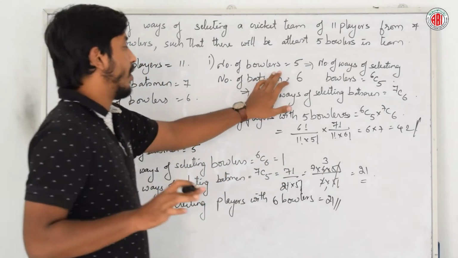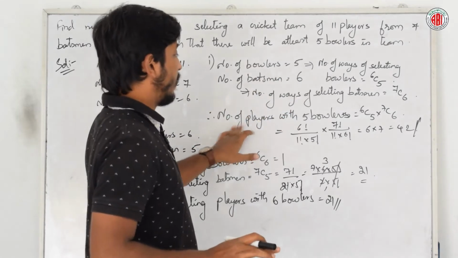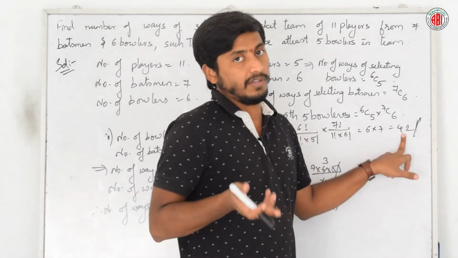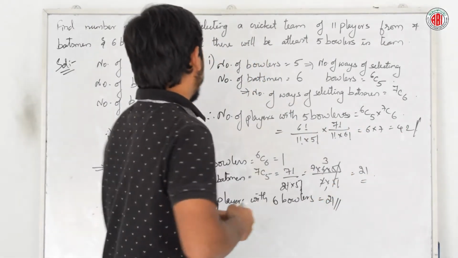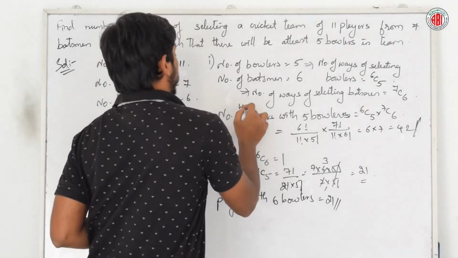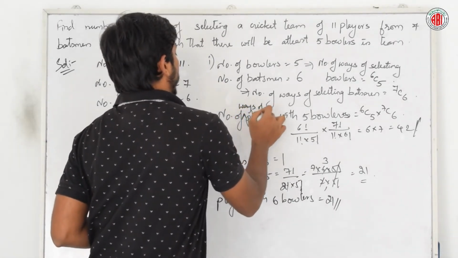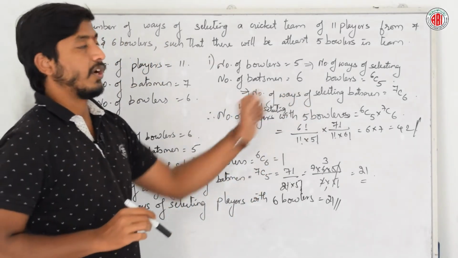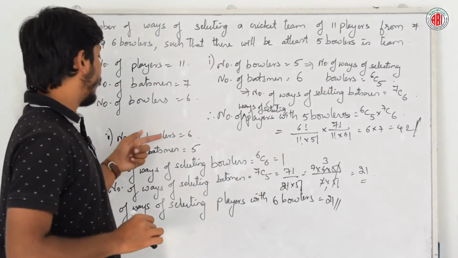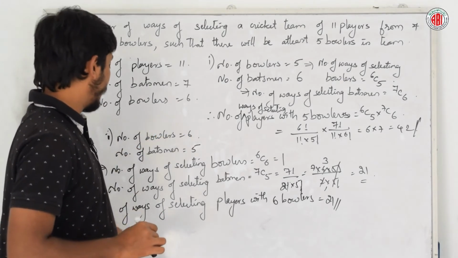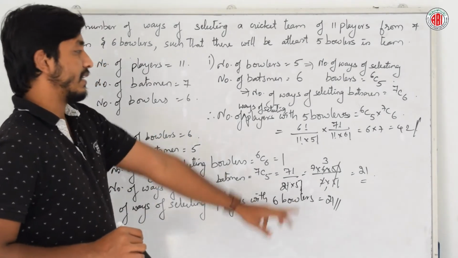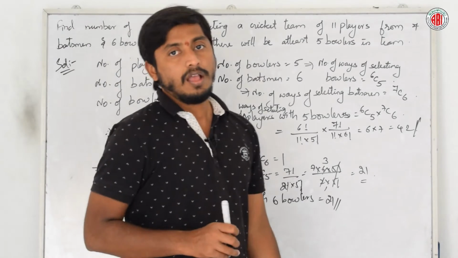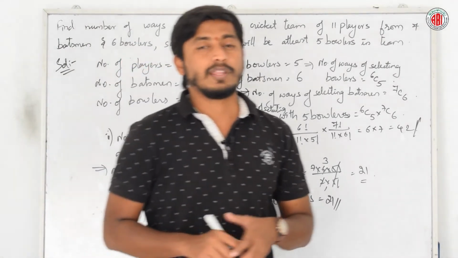With only 5 bowlers, the number of ways of selecting players will be 42. This is number of ways of selecting players with the 5 bowlers is 42. And here number of bowlers is 6. Then the number of ways of selecting players with 6 bowlers is 21. Is it clear? Shall we move on to the next problem?